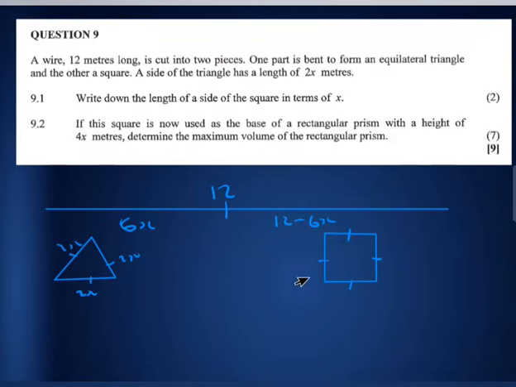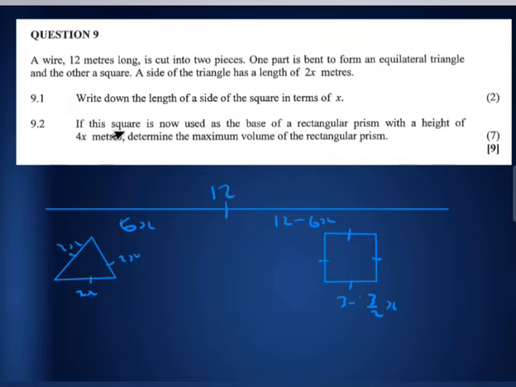So this is going to be 3 minus, remember 6 divided by 2 is 3, then divide by 2 again is 3 over 2. This is just my own weird way of calculating it. So each side is going to be 3 minus 3 over 2 x. Let me write it a bit better. So that's for each side. Now we've got the length of a side of the square in terms of x.